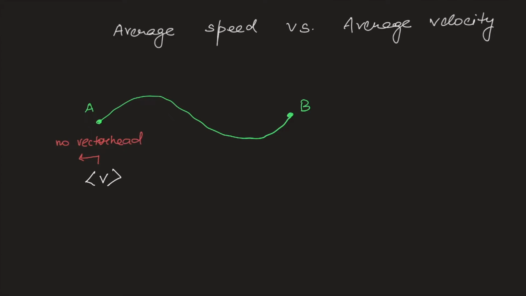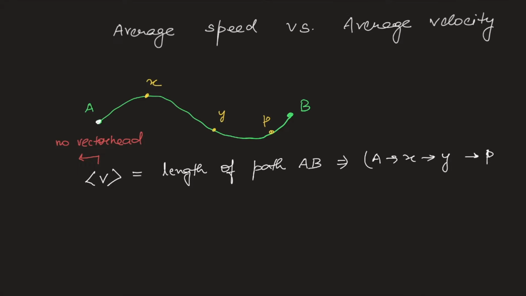Now what will be the average speed? The average speed will be the length of path AB, as in it starts from A, goes to X, then goes to Y, then goes to P, then reaches B. So the length of the path from A to X to Y to P to B, divided by the time taken to cover the path.